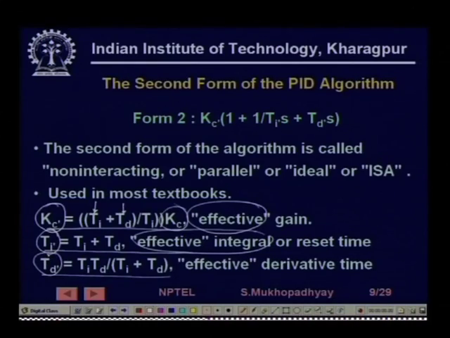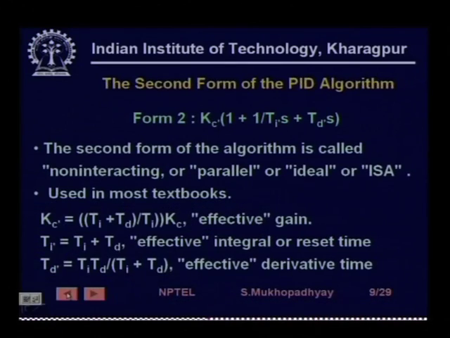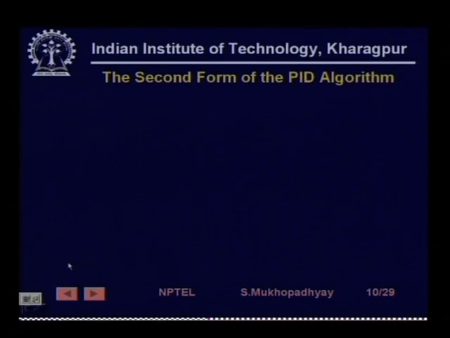Suppose you have read this equation and you are going to a controller which implements the first form, and if you set some values, then the actual values which will be realized will not be equal. So, that needs to be remembered, all right.